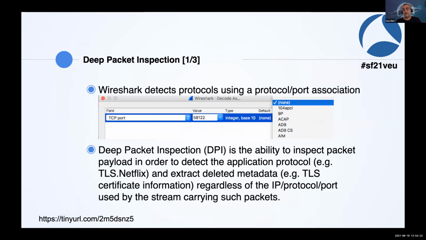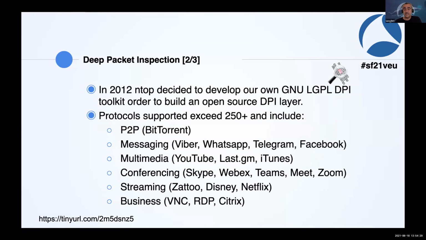But in general, there is not this need, because with DPI, we are able to find every protocol on every port. And second, with this deep packet inspection library called nDPI that we developed, that is open source, we are able to detect applications that are not designed to be recognized by Wireshark.